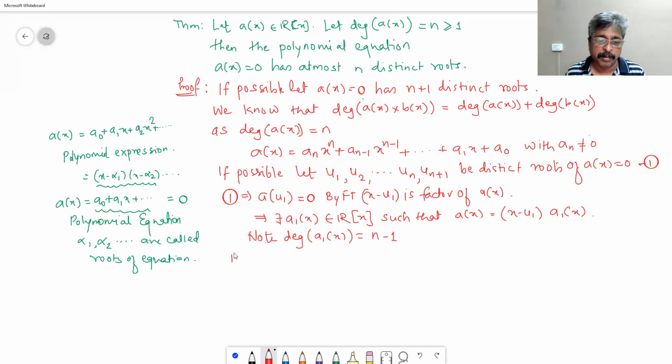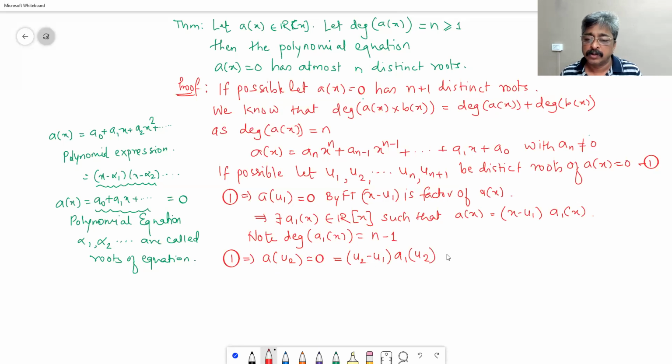Again, 1 implies a(u2) is equal to 0, which gives us (u2 minus u1) a1(u2) is equal to 0.